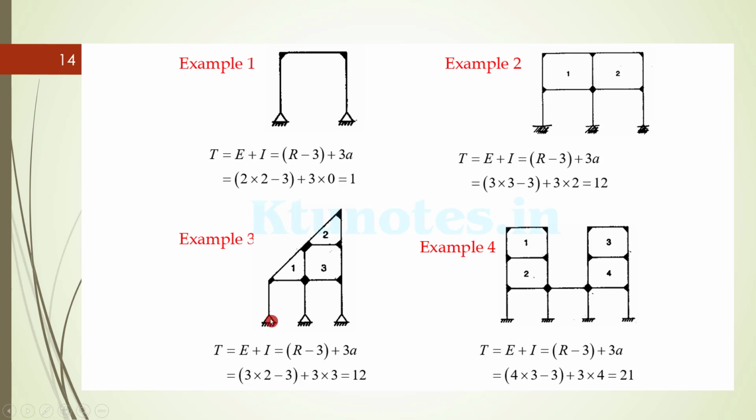Here 2 unknowns here, 2 unknowns here, 2 unknowns here. 3 into 2, 6 minus 3 plus one closed frame, second closed frame, third closed frame, 3 into 3, 12. Here totally 1, 2, 3, 4. 4 into 3 unknowns, 12 unknowns minus 3 equations plus 1, 2, 3, 4 closed frames will give you total 21.